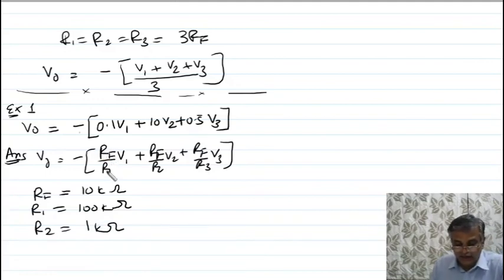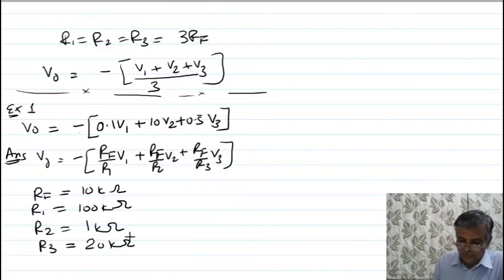I have to select the values of RF and R1 such that RF by R1 is 0.1, RF by R2 is 10, and RF by R3 is 0.5. Here RF is 10, R1 is 100, so I get 0.1. RF is 10, R2 is 1, so you get 10. Already you have taken RF, now I select R3 for 0.5. So 10 divided by 20 gives 0.5, so R3 is 20 kilo ohm. These are the component values you have selected.